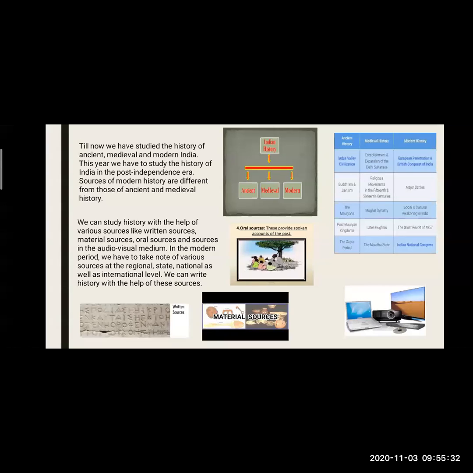Post-independence means after independence. The sources of modern history are different from those of ancient and medieval history. We can study history with the help of various sources like written sources, material sources, oral sources, and sources in the audio-visual medium.